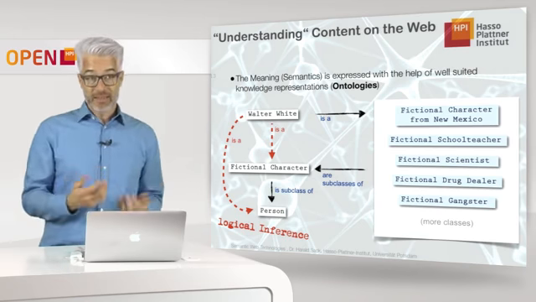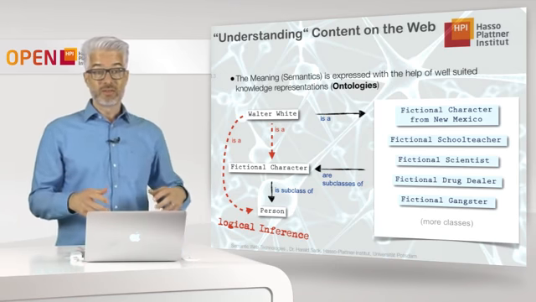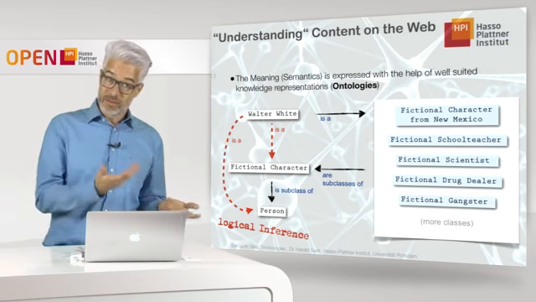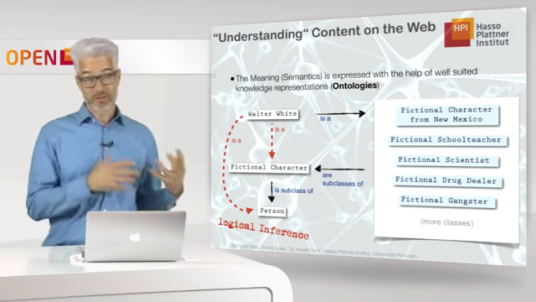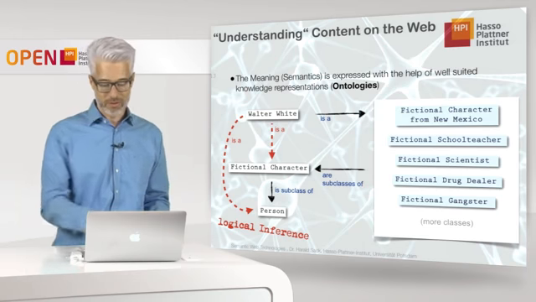And to represent this knowledge, you need some technique, and to do this you use so-called ontologies. So knowledge representations are also called ontologies, and these relationships that we are talking about here are part of ontologies.